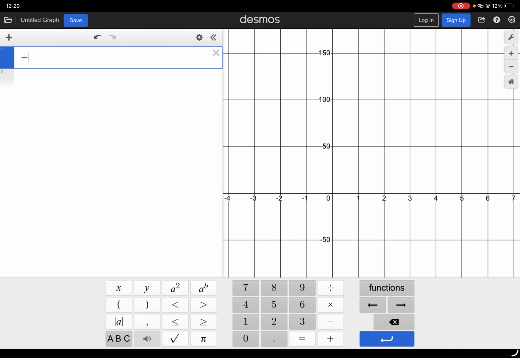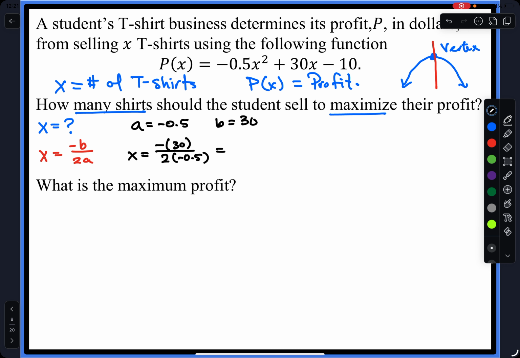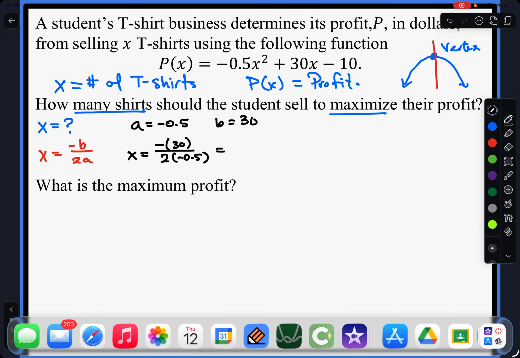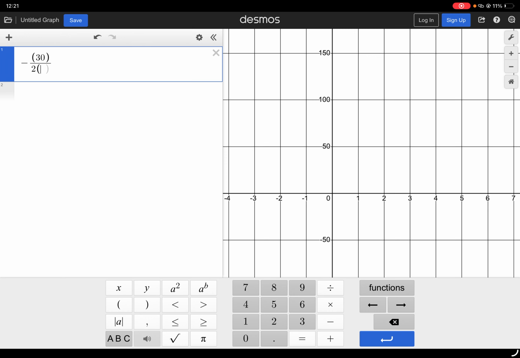So negative of b divided by 2 times the value of a, and I forgot it, right? Negative 0.5. Let me put the negative sign up there because I don't want you to get freaked out because it's in the middle.